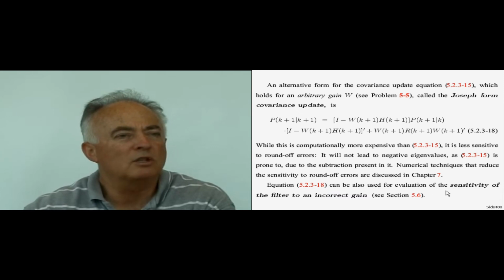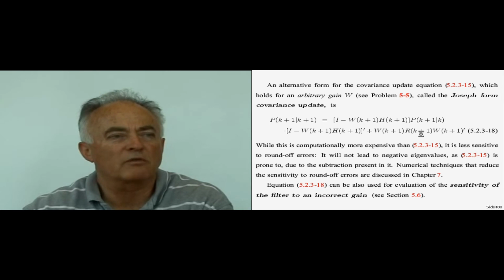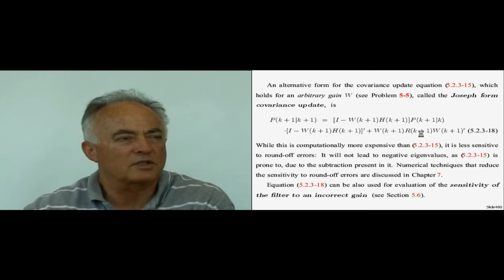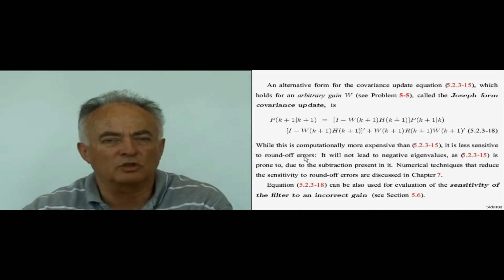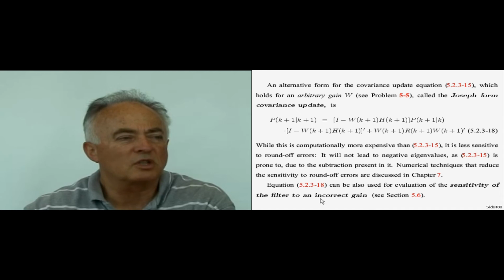So the main role of this is really not just to have a less sensitive recursion to round-off errors, but it can be used to evaluate the sensitivity of the filter to an incorrect gain.